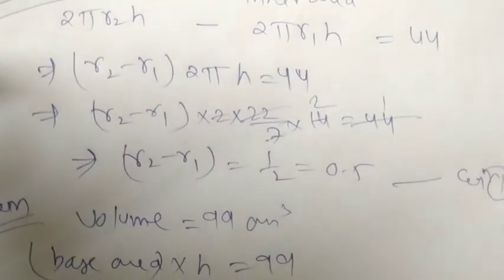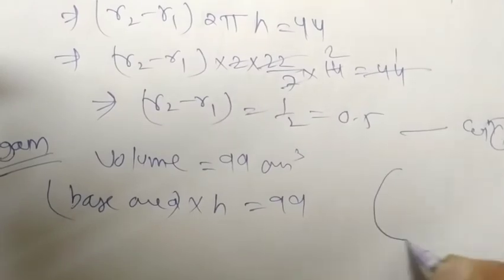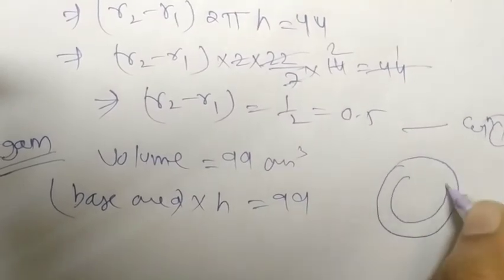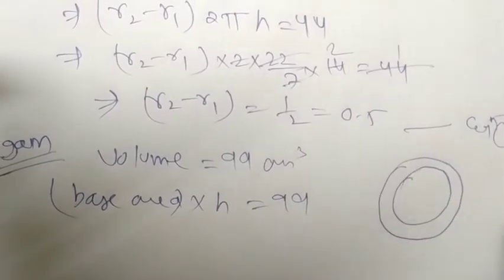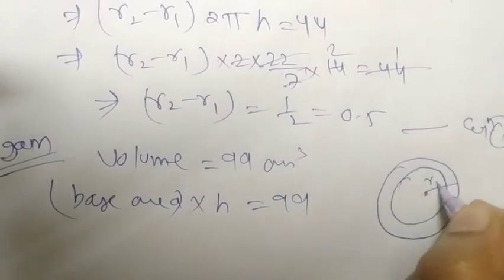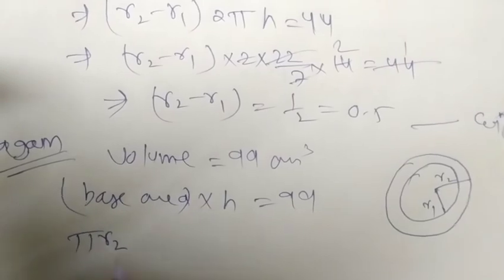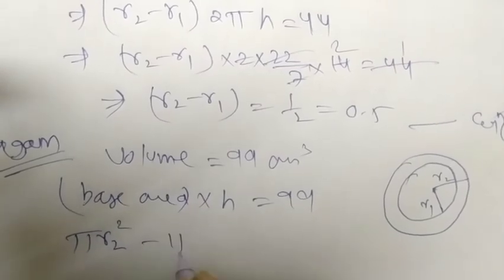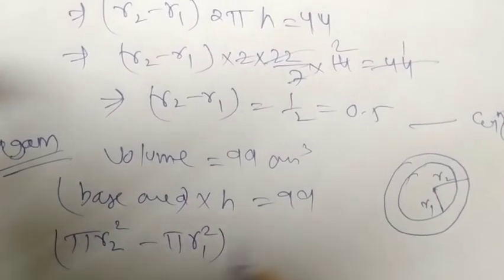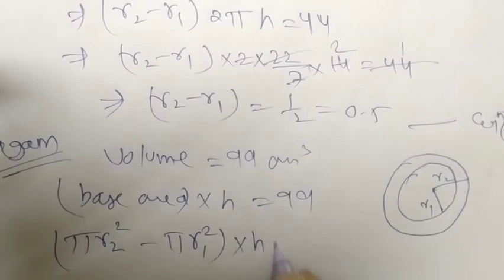Okay. Now, what is the base area? It is just like a circular ring. So base area will be pi R2 square minus pi R1 square, into h equal to 99.